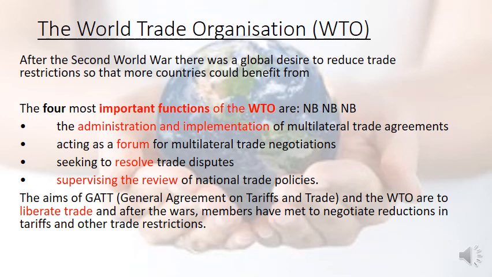They resolve trade disputes, and they supervise the development of national trade policies. We also have what we call the General Agreement on Tariffs and Trade. With the World Trade Organization and GATT, the aim was to make trade more free and more affordable for all the countries.